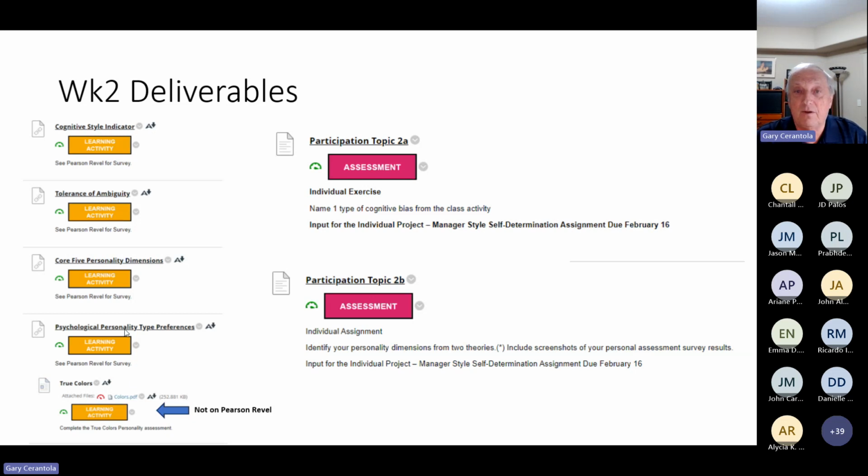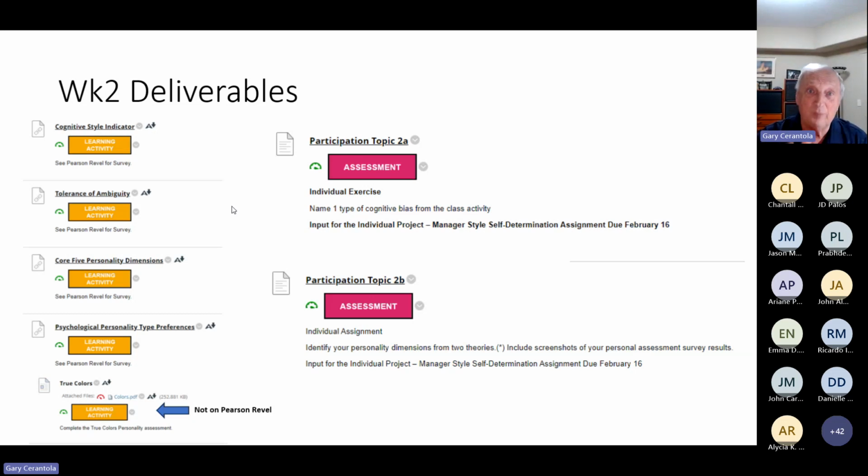And then from an individual point of view, there's 2 participation topics, right? One is you're going to go through a whole pile of cognitive biases, and I'm going to show you one slide that I pulled out of that slide deck in topic 2 to make sure that that's all important, and understand that. And then I want you to name one, and again, thinking about all of this is all preparation for your individual project assignment on manager style determination, which is due in February.